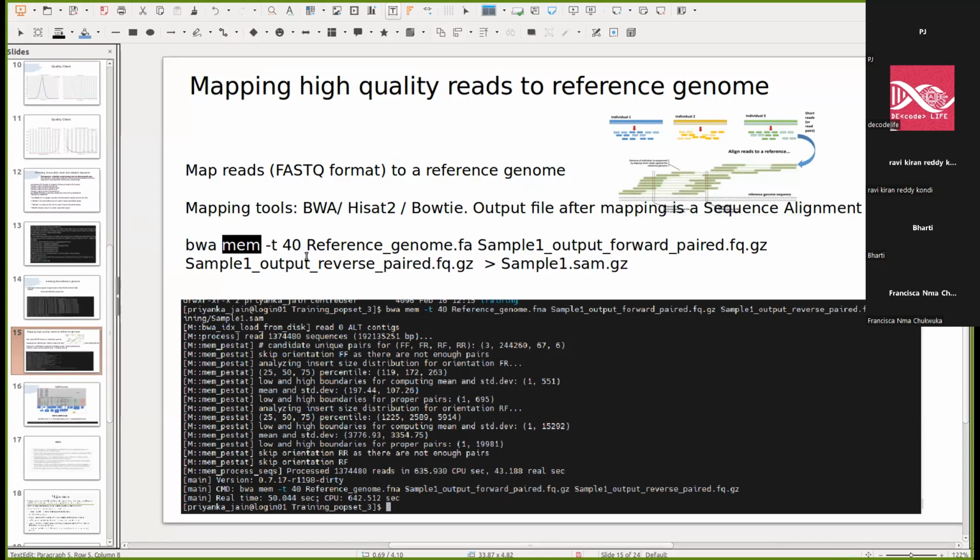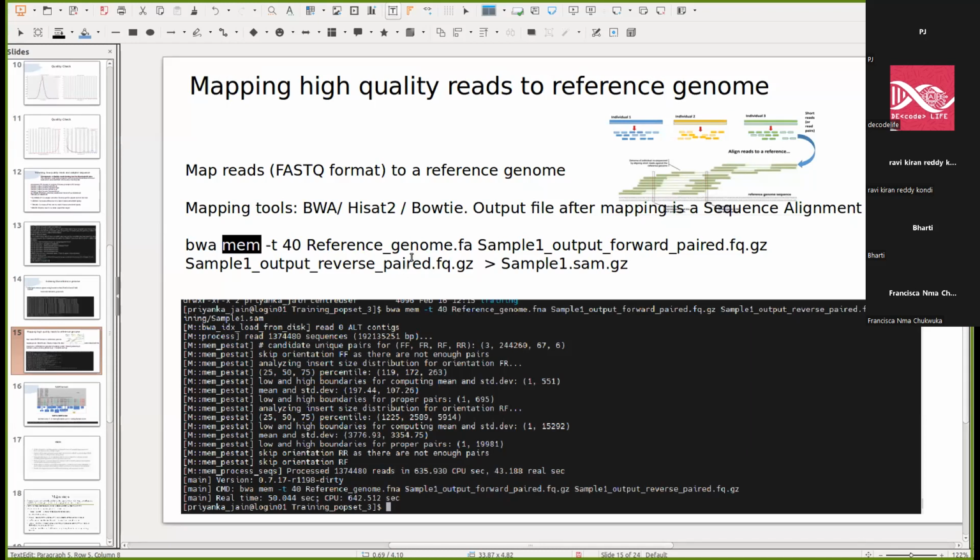See, BWA is a software for mapping low divergence sequences against a large reference genome such as the human genome. It consists of 3 algorithms: BWA backtrack, BWA SW, BWA mem. The first algorithm is designed for Illumina sequence reads up to 100 base pair, while the rest two are for longer reads.